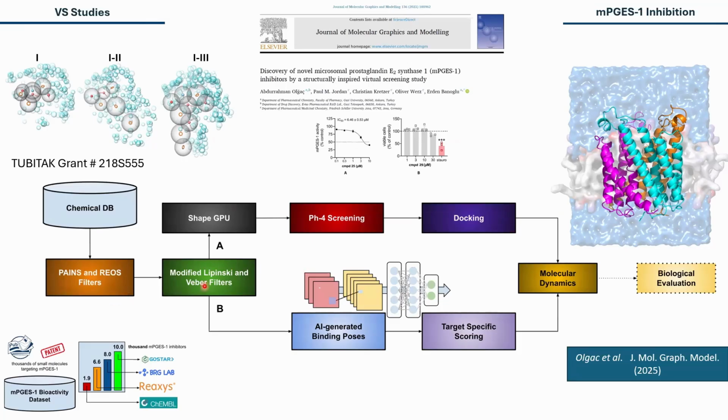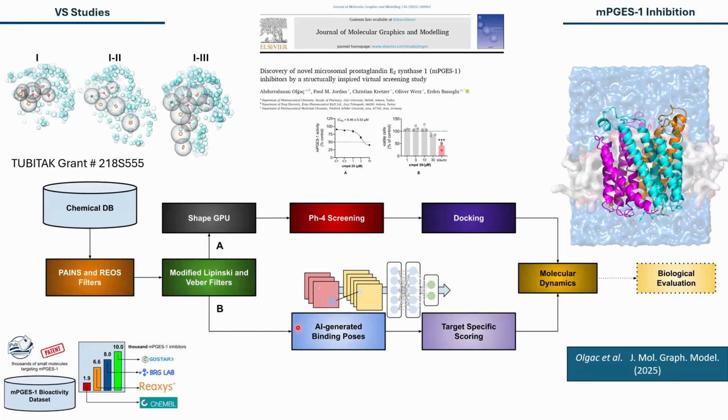And on the path B, which we haven't published yet, we generated the binding poses by AI-driven solutions. By the help of diffusion modeling and some other approaches behind, we generated the right poses without needing pharmacophore models and also without needing maximum common substructure based docking.